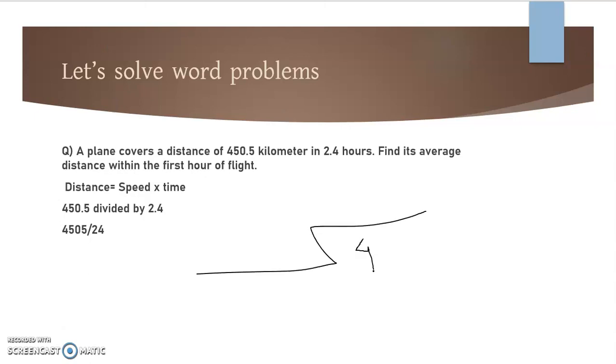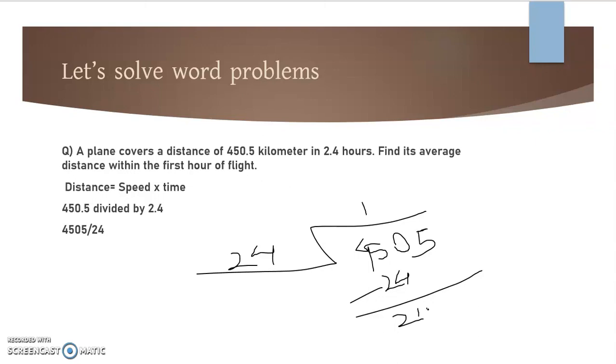Sorry for the unruly shape. 4505 divided by 24. 1 minus 24. 2, 1, and 0 comes from here.